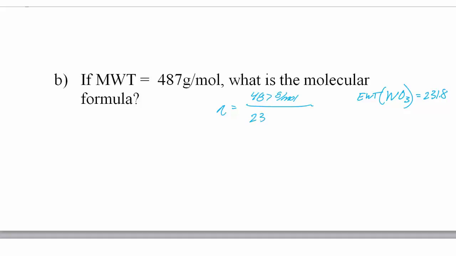So 231.8 grams per mole. So 487 divided by 231.8, get about 2.1. It's approximately 2. Off by a factor of 2. So my final answer would be W2O6.